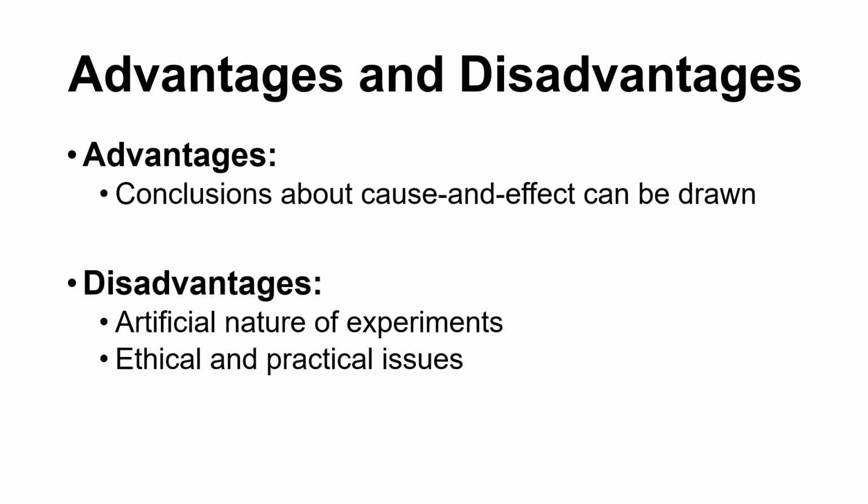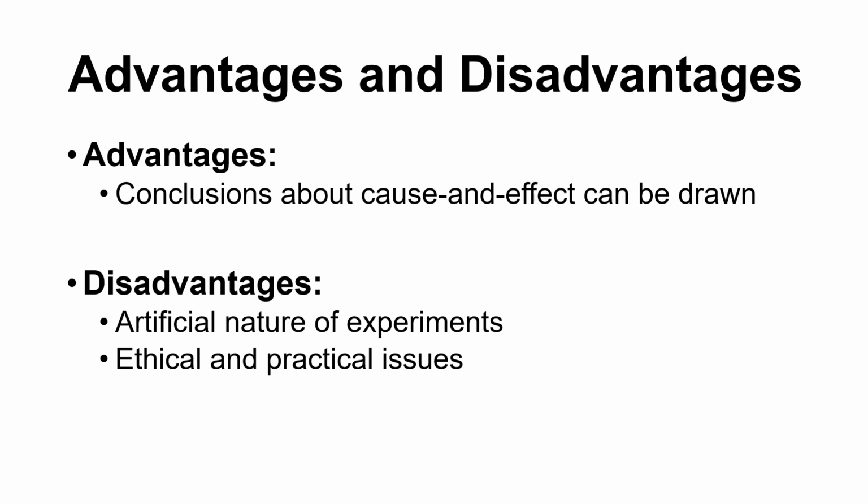We need to keep in mind that experiments are fairly artificial in nature because we're controlling for so many other factors. But if we want to be able to make those causal conclusions, then we need to control for all those other factors. So it's a fine line to balance there.